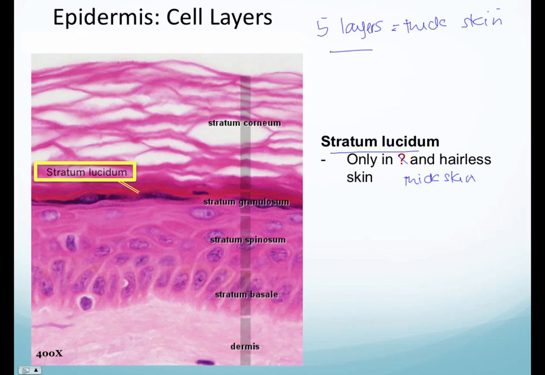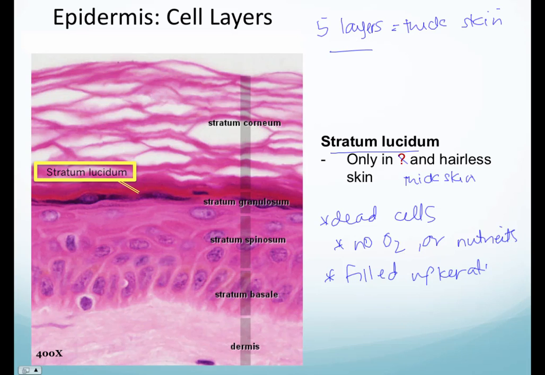The stratum lucidum is also dead cells, because they don't have any oxygen or nutrients. They're also filled with keratin and air. And lucidum is pretty much this clear-like appearance that you see over here, all this in light pink.